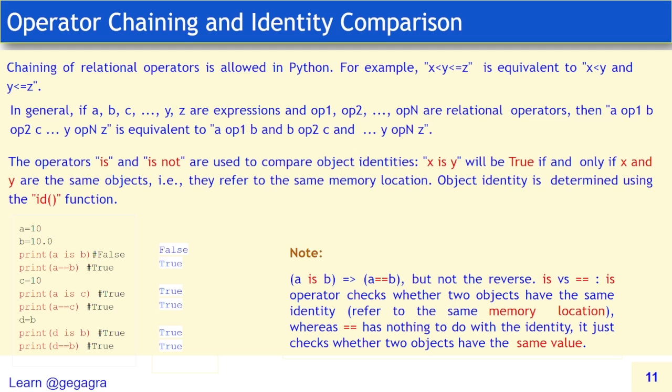It simply compares the values. It just checks whether two objects have the same values. So this is how we can consider operator chaining, identity comparison, and logical operators. So hope you understood the concept here.